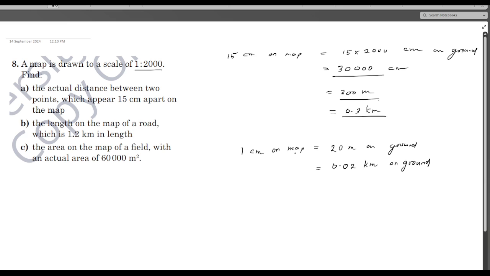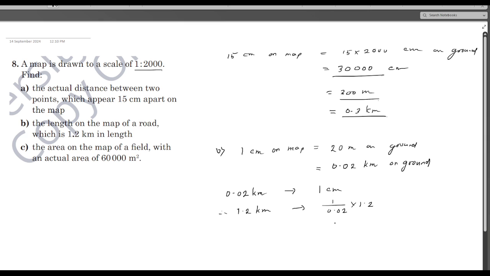Okay, so I will say that 0.02 kilometer is your 1 centimeter. So therefore 1.2 kilometer will be equal to 1 divided by 0.02 times 1.2.